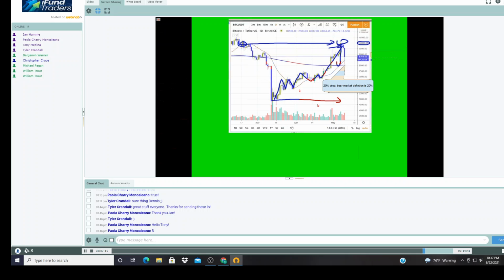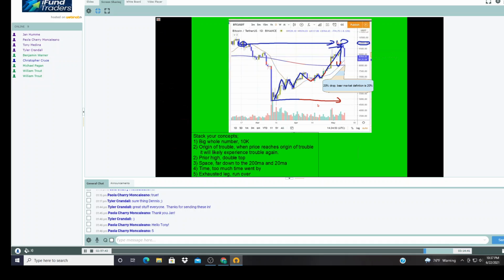So 20% is a drop. The bear market definition is 20%. When you have a 20% drop, that's a bear market. So here you want to stack your concepts, right? What happened was when this came back, the last extended leg up, it hit the prior top.